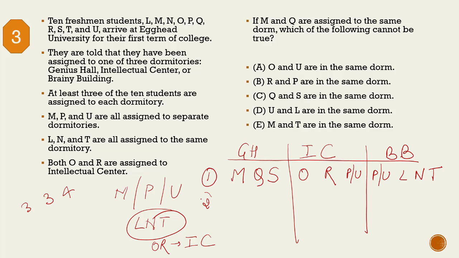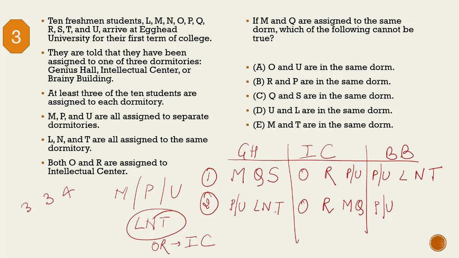If I make the second case, where I'm allotting M to Intellectual Center, Q also comes with M. And as I said, P and U would alternate between Genius Hall and Brainy Building as they cannot come together. L and T could come with any of them if I'm assigning L and T here. Now this assignment is not possible. Why?